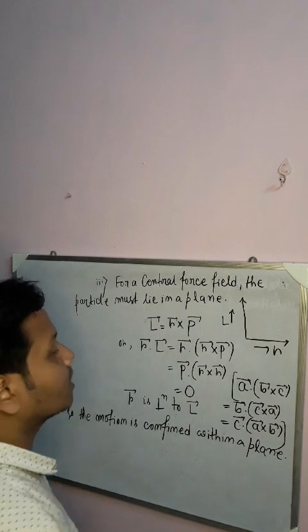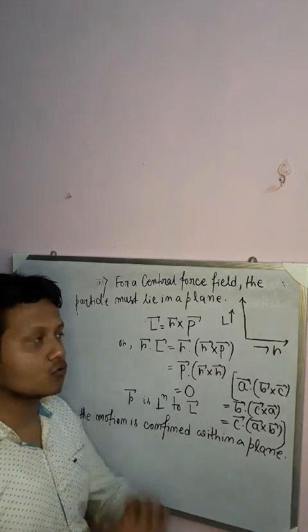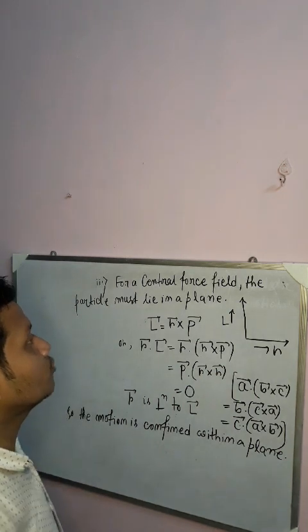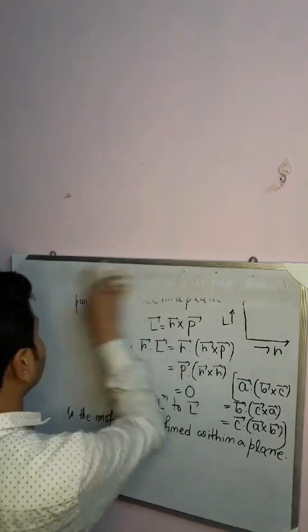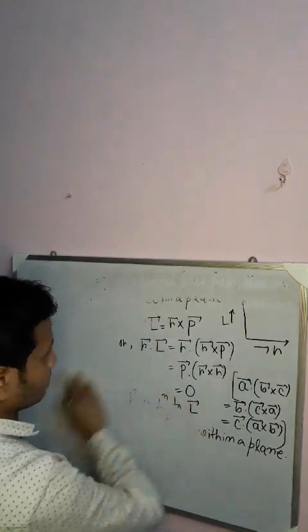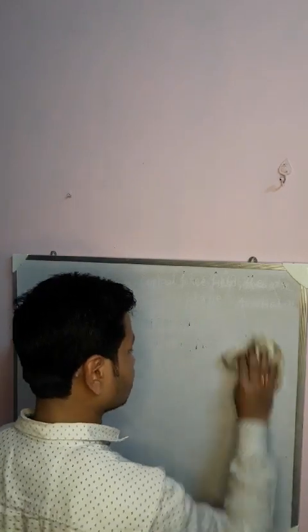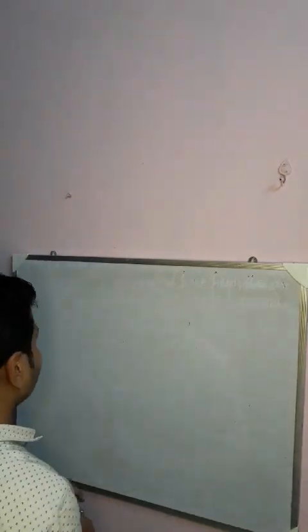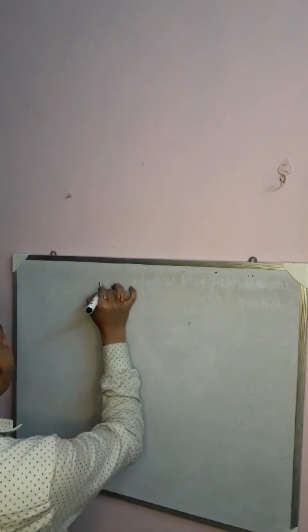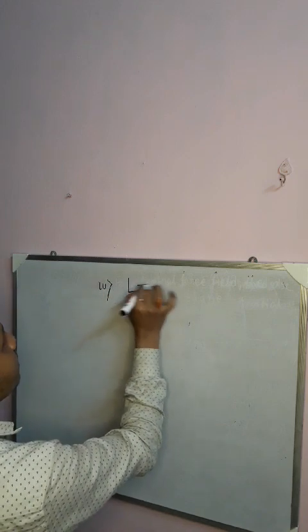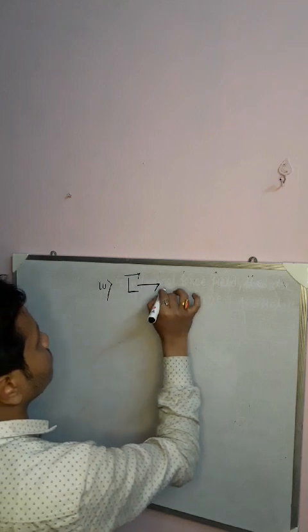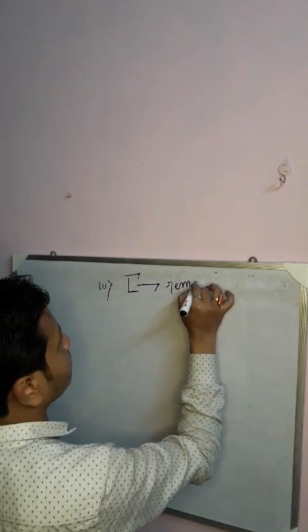Now there are two other properties of central force that I shall prove in my next lecture, but I can tell them. I just write those two properties that I will discuss in my second class. The fourth property is that the angular momentum of a particle in a central force field remains constant.